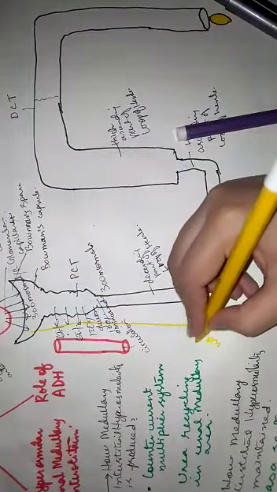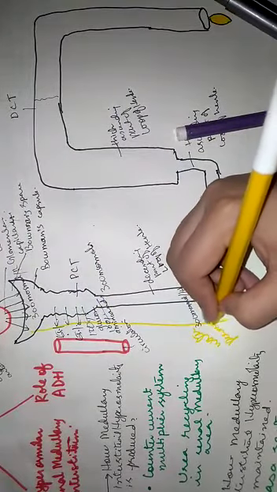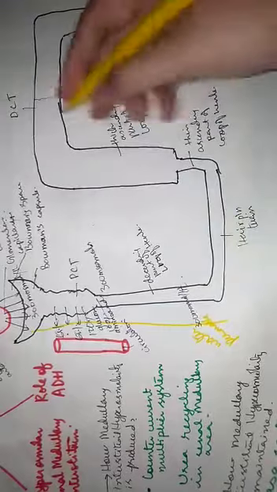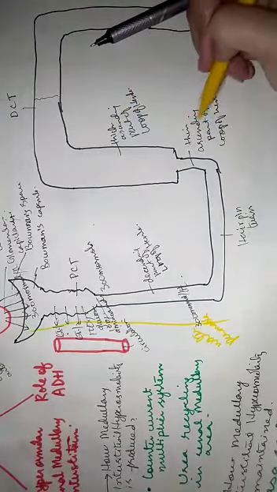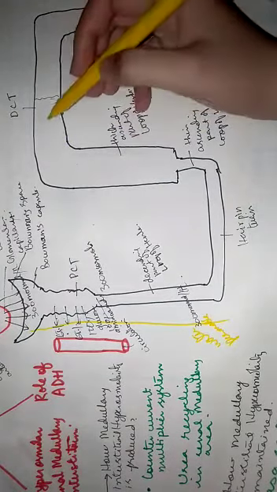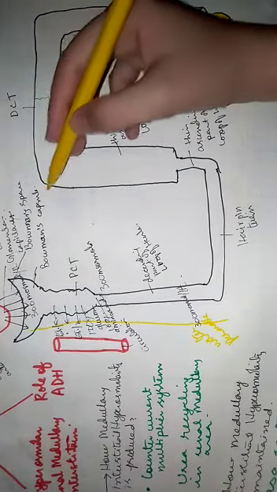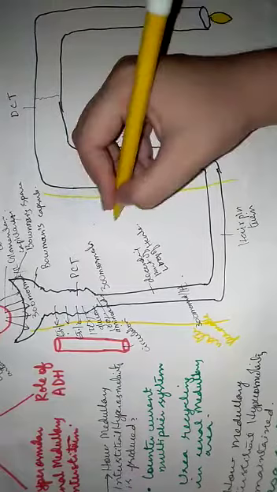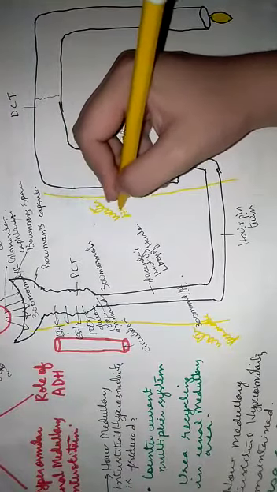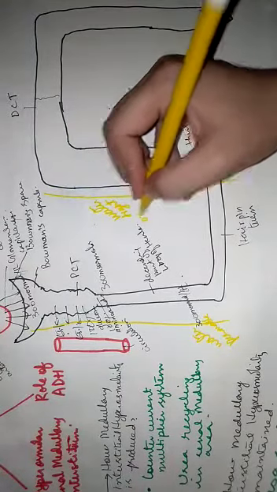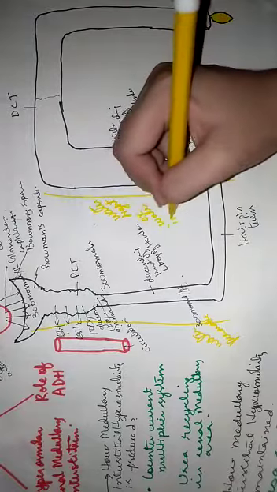This part of this whole part, this is water permeable, but the thick ascending part of loop of Henle, thin ascending part of loop of Henle, and small part of DCT, this whole part is watertight or water impermeable.